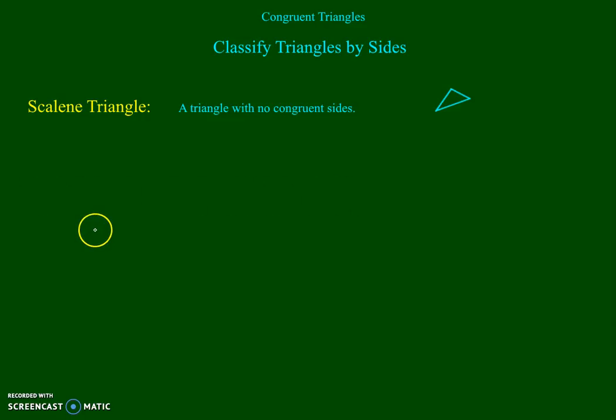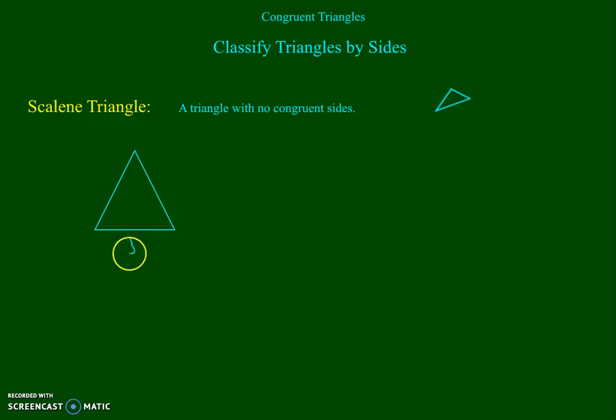So for example, if we draw a triangle, you may look at this and say, oh, looks like all those sides are the same length. But you never know. Unless they give you specific information, you're going to end up being fooled, because it could actually be something like this.